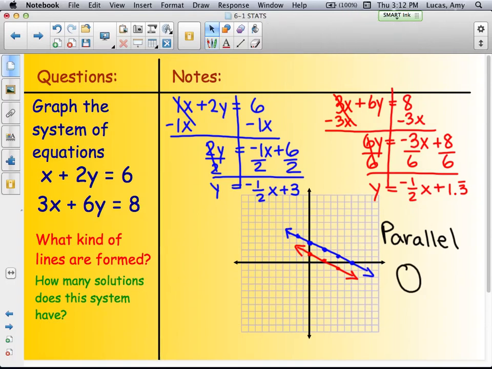So we did see one of each. We saw one where the lines were identical, so they had an infinite number of solutions. One where they're intersecting with one solution, so we named it. And now this one where they're parallel, so there's no solution.